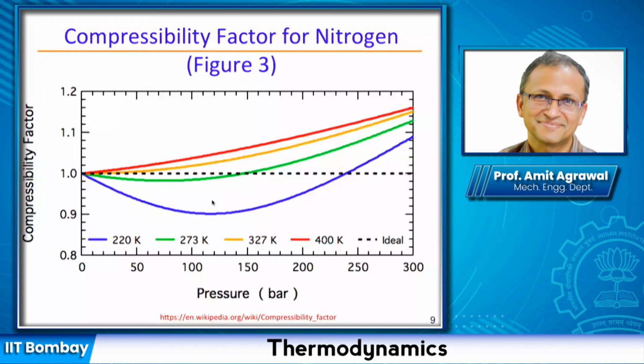Interestingly, qualitatively they look very similar. All these values would change. The 220 Kelvin would change to a different temperature, and pressure would change to a different value. But there is still some commonality between the various charts.